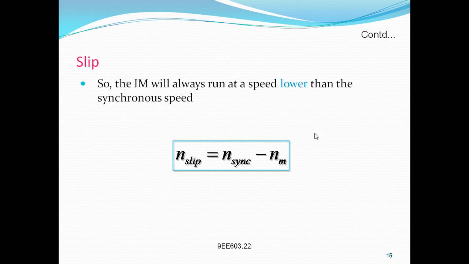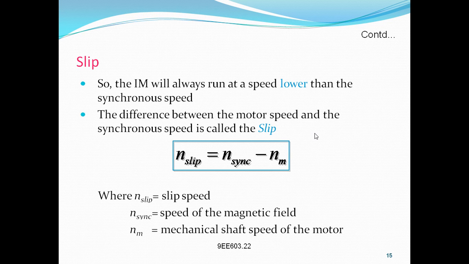When torque produced is zero, the speed is zero and the motor stops. So the difference between the motor speed and the synchronous speed is called slip.